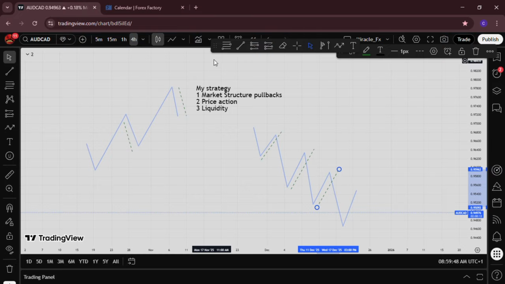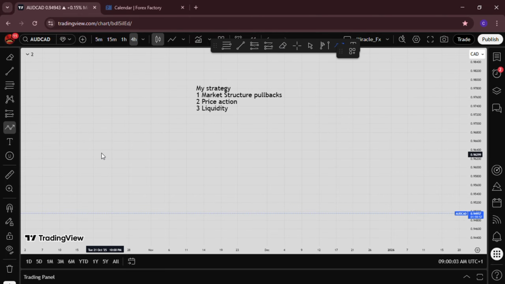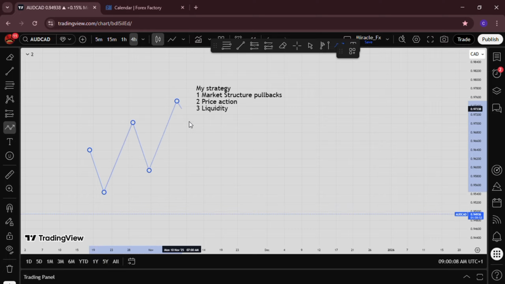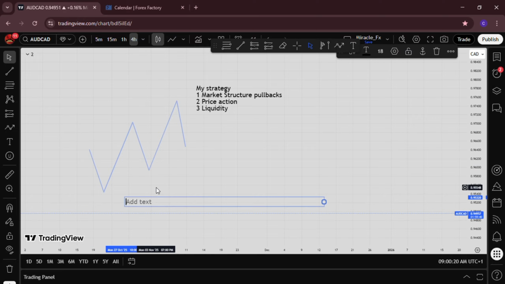For example, this is a bullish move, and let's say it's on the 4 hour time frame.